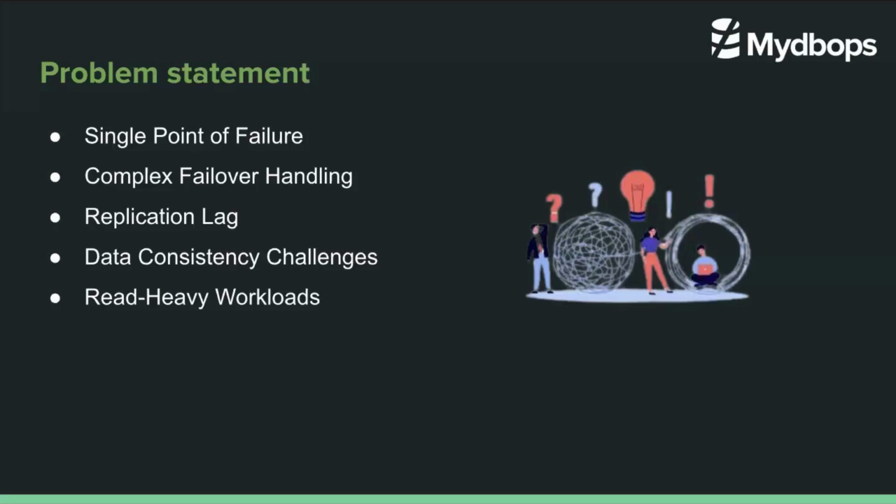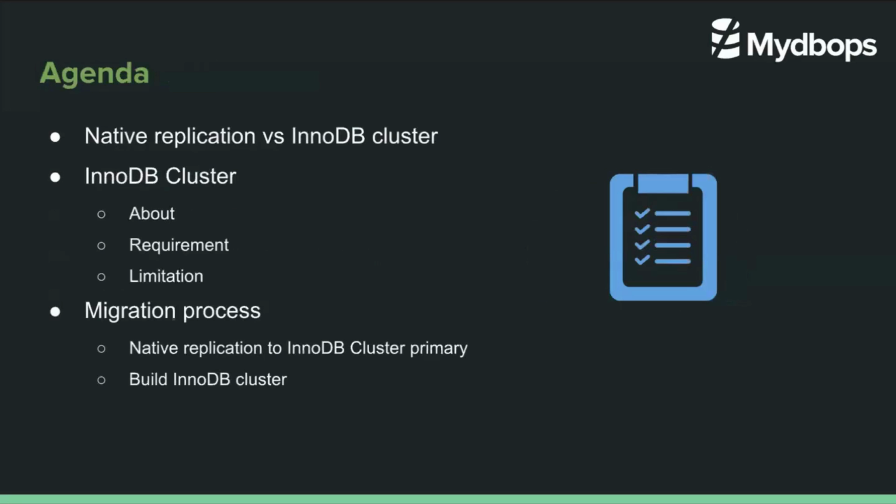To overcome all these issues, we can move on to InnoDB cluster. In this webinar, we will see native replication versus InnoDB cluster, what features we have in InnoDB cluster, and what the advantages of InnoDB cluster are.